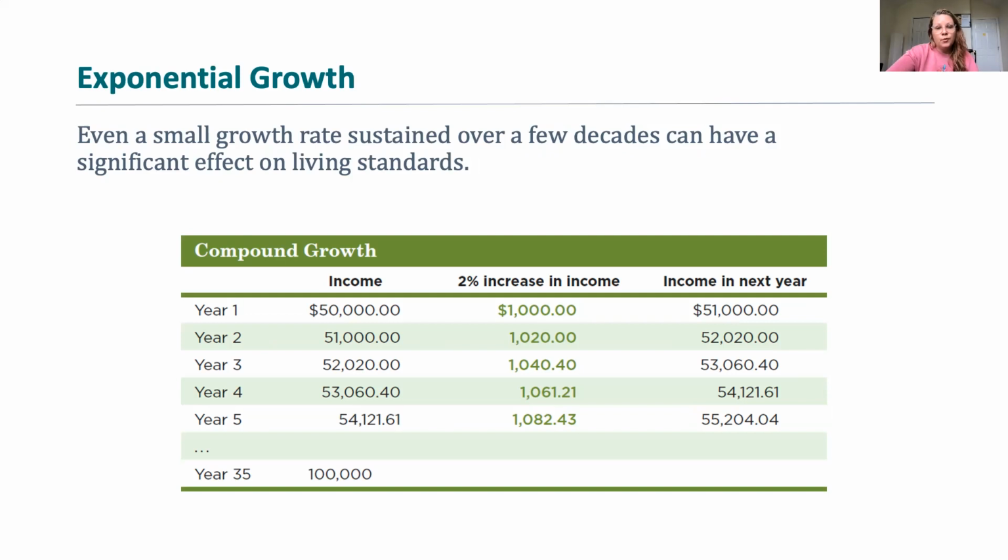If you start in year 1 with an income of $50,000 and you know that your income is increasing at 2%, then we can use the rule of 70 to say that in 35 years, you would be able to double your income as long as you were able to maintain a consistent, although small, 2% increase in your income per year.